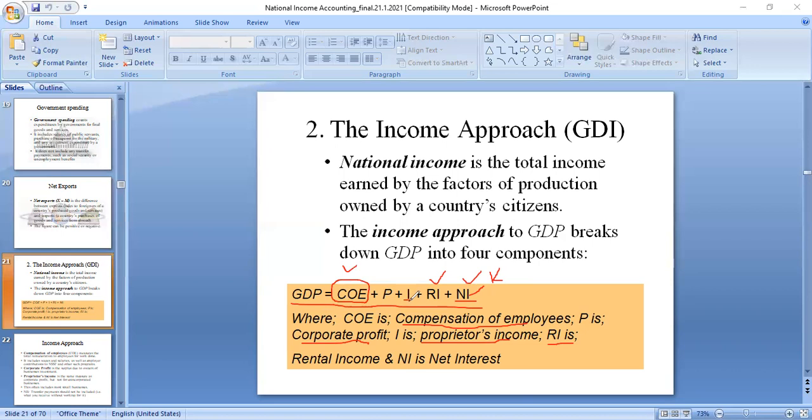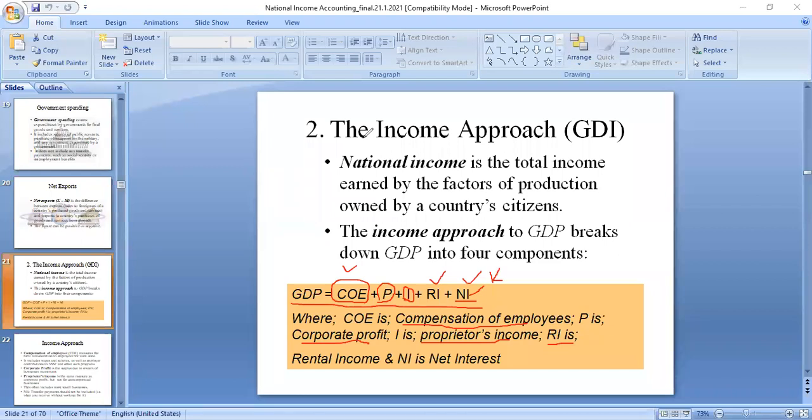Proprietors' income, we have entrepreneurs. So the entrepreneurs also, corporate profit. Profit is a payment for what? Yes, Jonah?